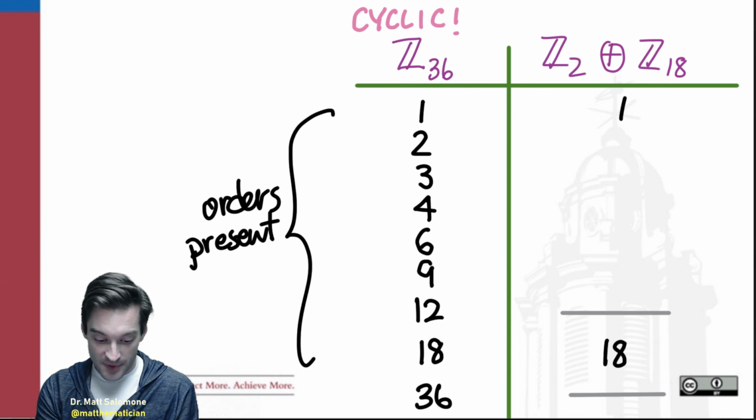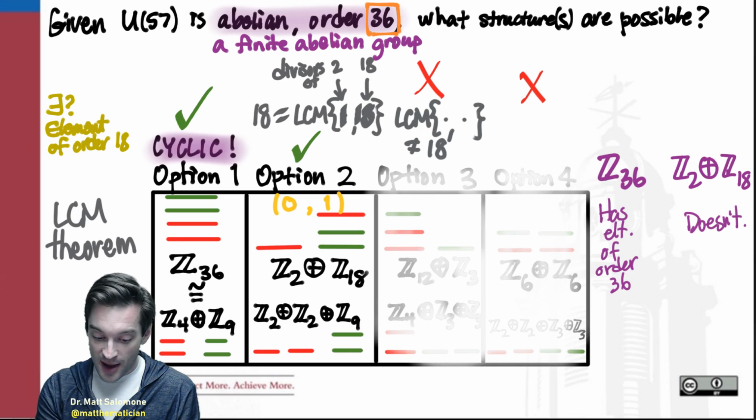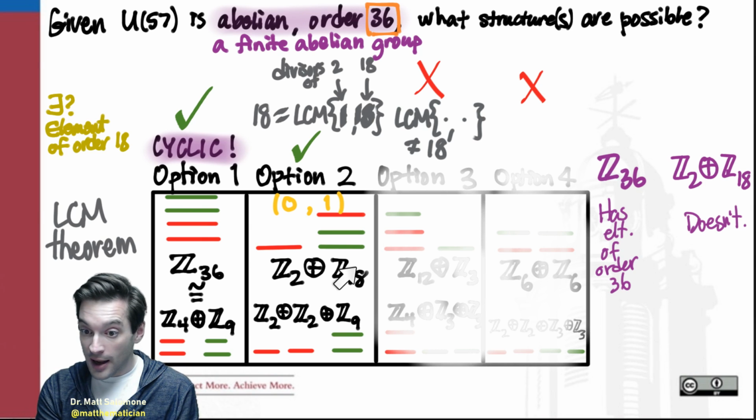What about 9? Let's go back to the chips again. 9 is 2 red chips stacked on top of one another. 2 green chips, because the greens are my 3s, right? And so this Z36 has an element of order 9. There's my 2 green chips. But so too does this group. Here's my 2 green chips sitting right here. So this factor Z18 has an element of order 9 in it.